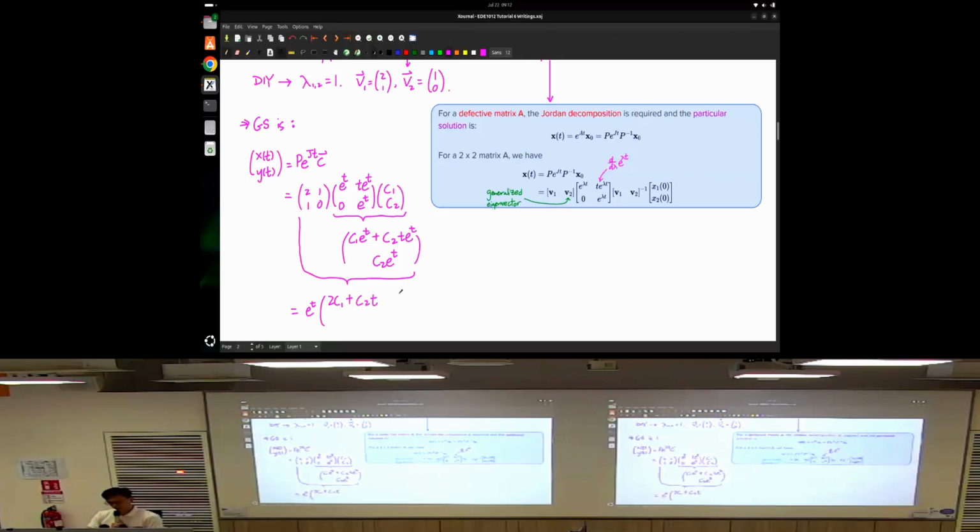Then here you have, let me see, hey, wait a minute, this should be 2C2, then plus C2. Then the second row will clearly just be the first row right here. Because you factorized out e to the t already, here will be your x of t, y of t.